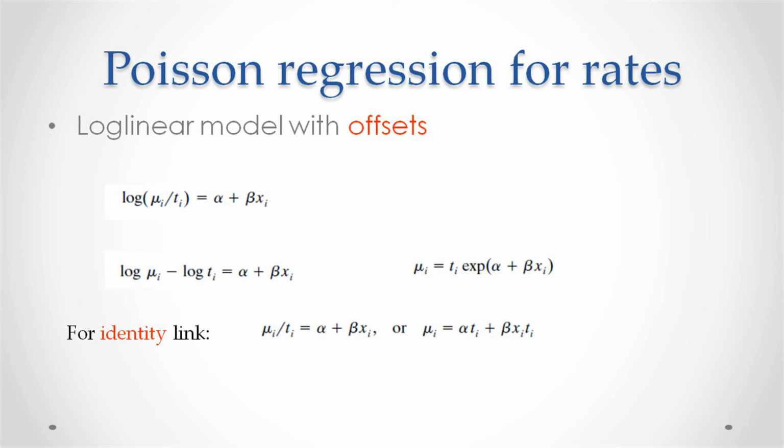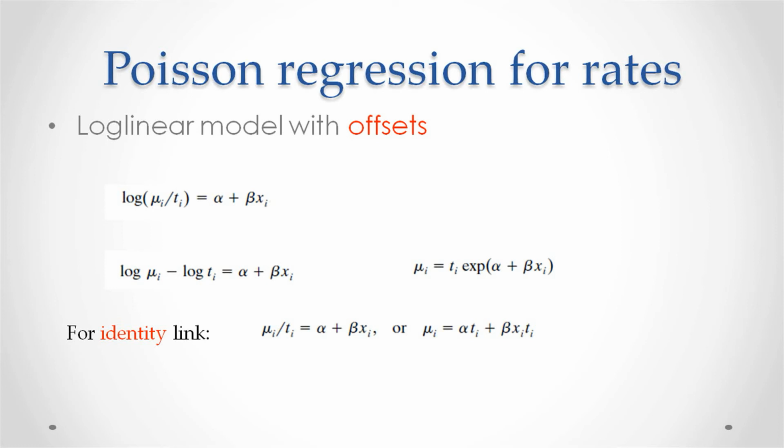Now, when we have a particular event occurring over time or space or some other index of size, it is often relevant to standardize them by this measure of size and to get a comparable measure called the rate. So this leads to a log linear model, but with something called an offset.